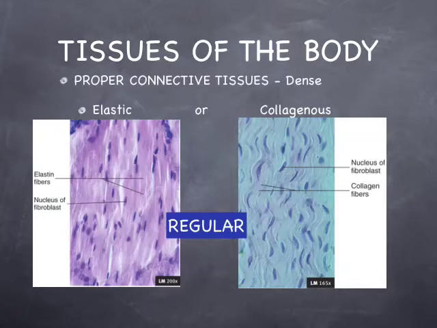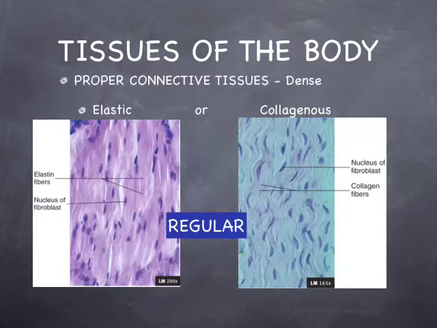It goes up, doesn't it? The tighter it is, the higher the pitch of the sound. The looser it is, the lower the pitch. And that's going on in my vocal cords. If I make little high-pitched sounds, I'm stretching those vocal cords. If I'm making low sounds, my vocal cords are being relaxed. And you can make all sorts of sounds based on the stretching of these elastic cord-like structures, which are a regular, elastic, dense connective tissue.